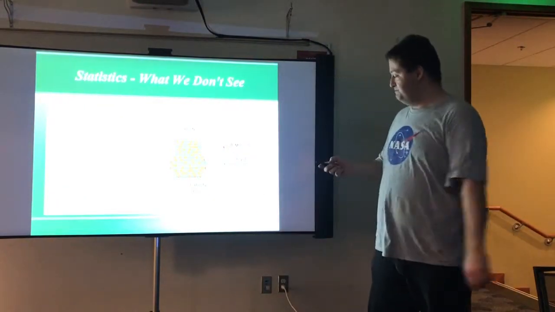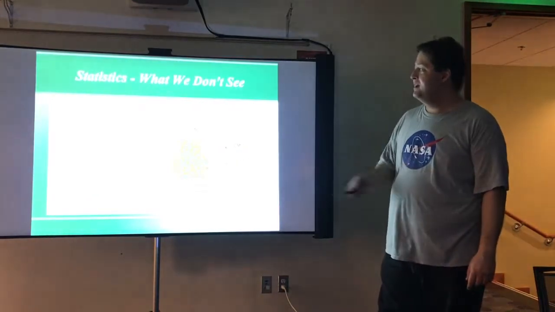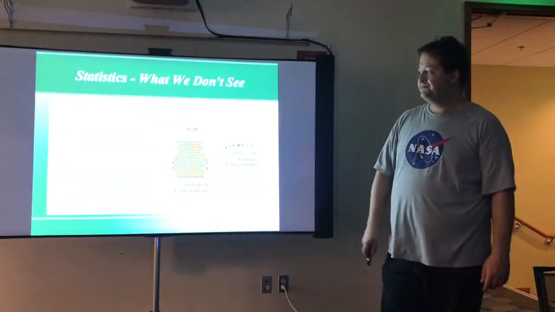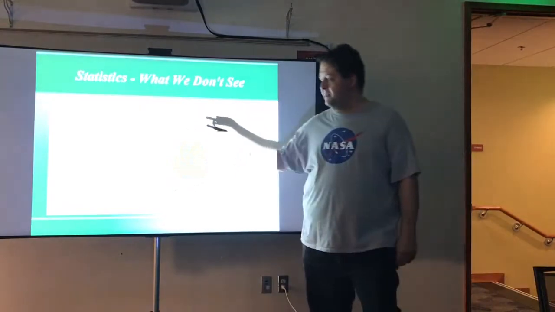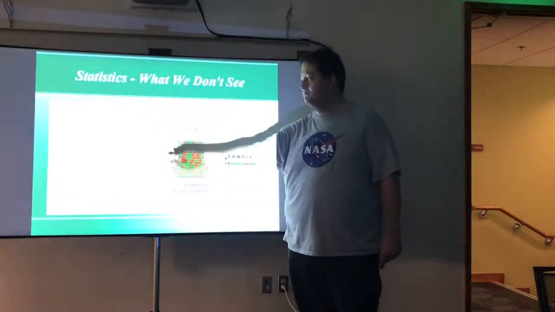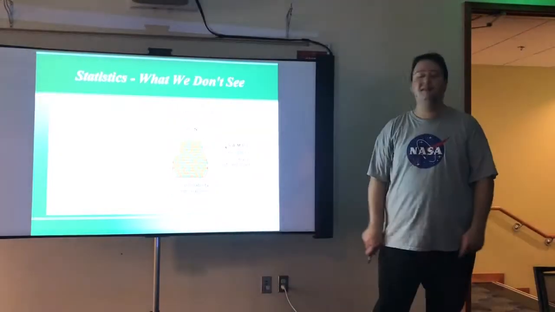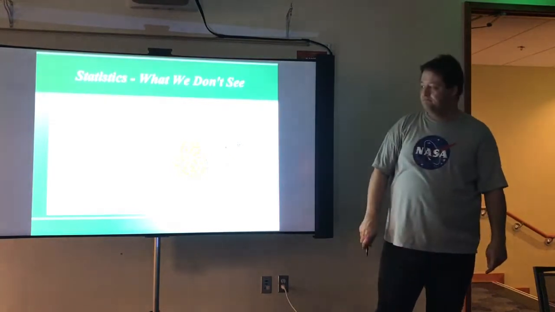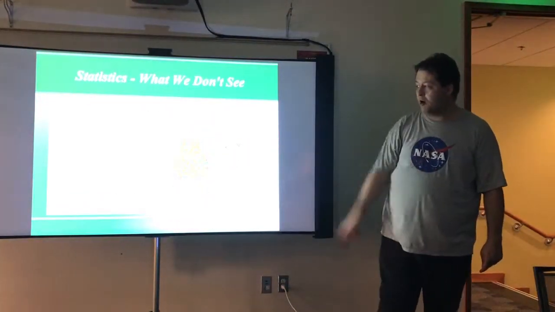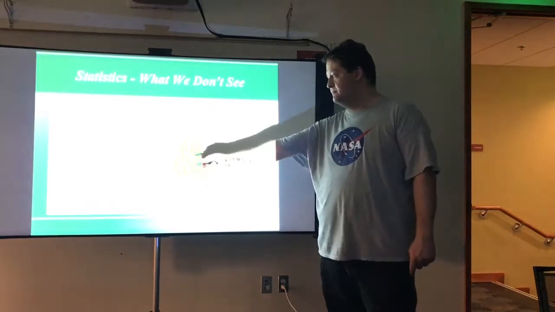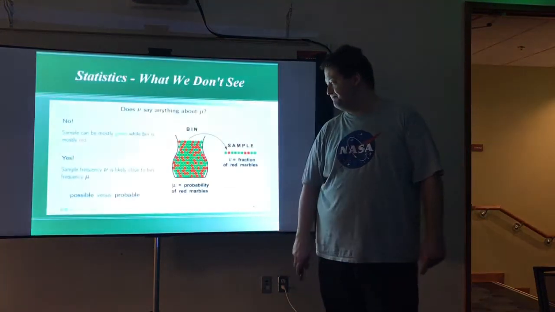So, assuming that, does V say anything about mu? Well, there are two schools of thought. One: no. The sample can be mostly green even when the bin is mostly red. Or two: yes, V will be close to mu.